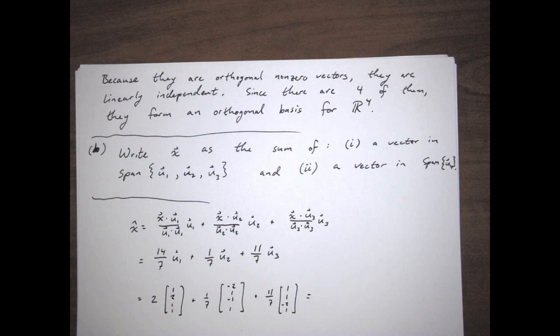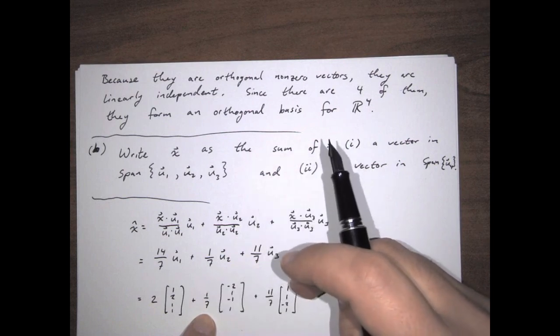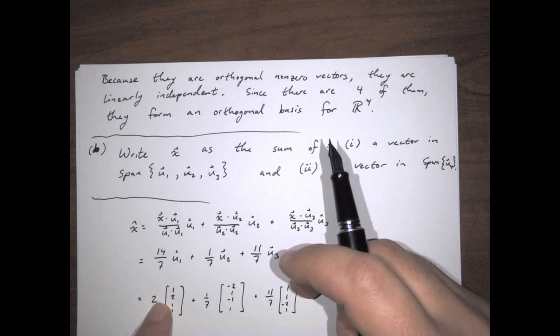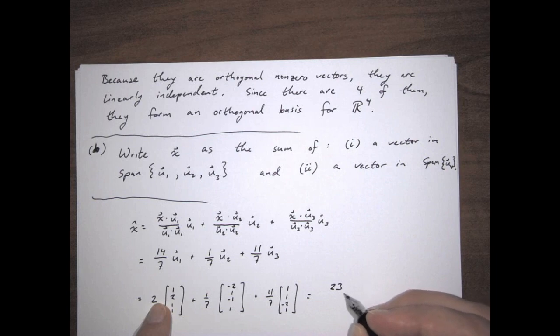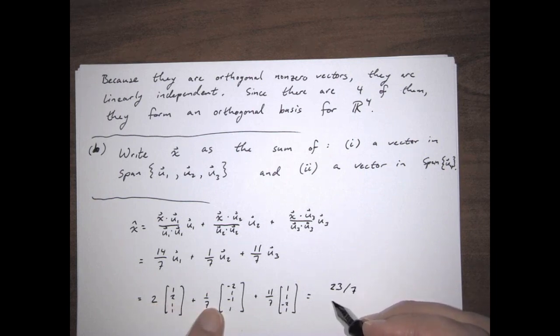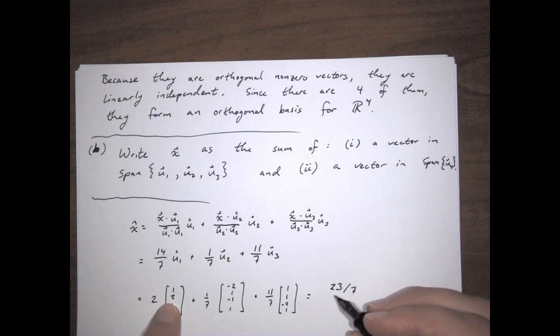So it's going to be negative 2/7 plus 11/7, so it's going to be 9/7 plus 14/7 is going to equal 23/7. Down here we're going to have 4 plus 1/7 plus 11/7, so that's going to be 12/7 plus 4, so that's going to be 28/7. It's going to be a total of 40/7.